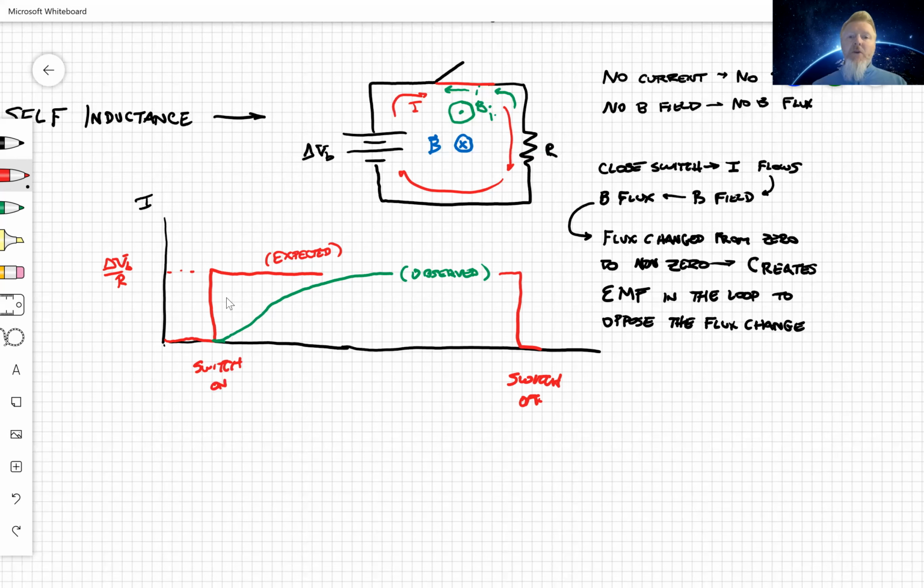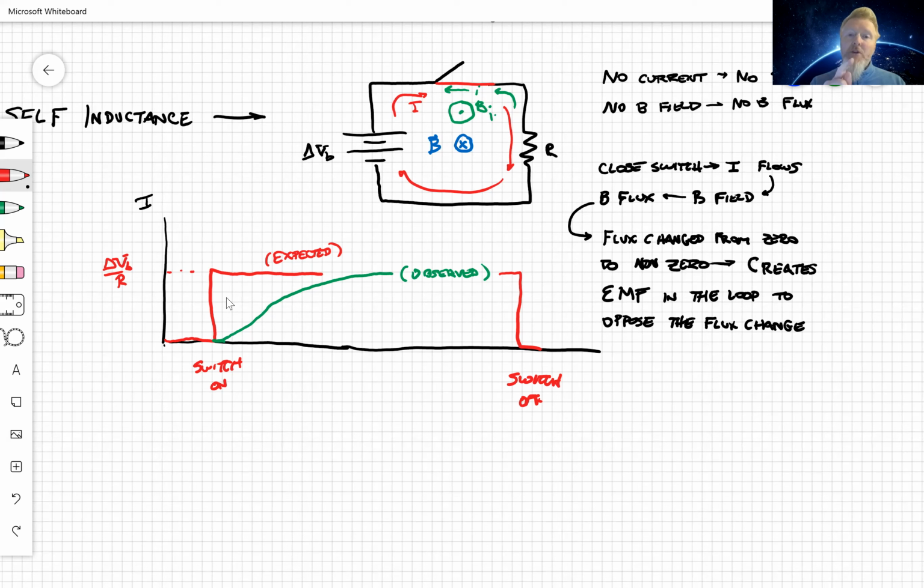When I turn the switch off, of course, you'd expect nothing left. Of course, that's not what happens. What happens is the flux was established, a nice constant value of B field going into the page through the circuit, and all of a sudden you took it away.